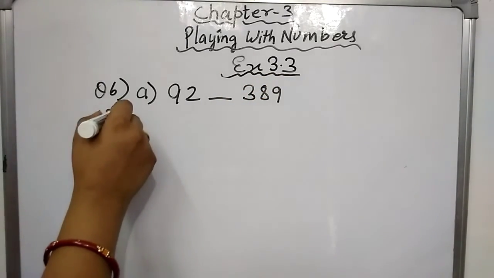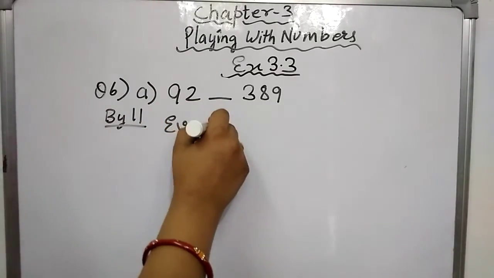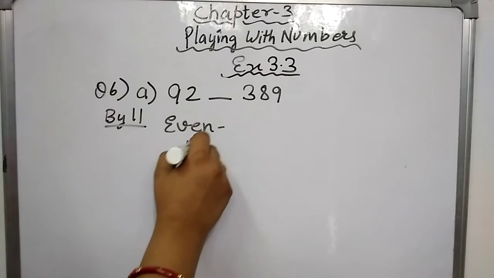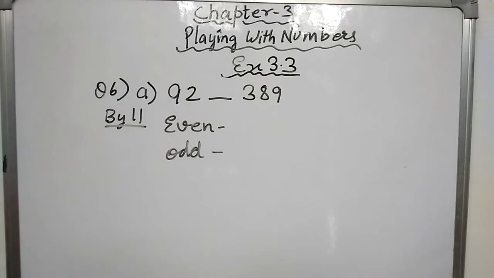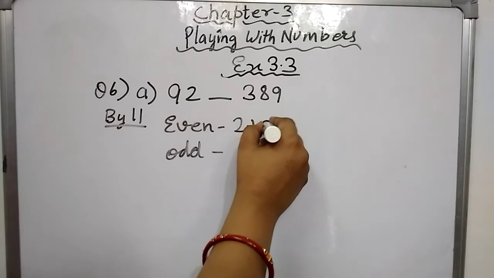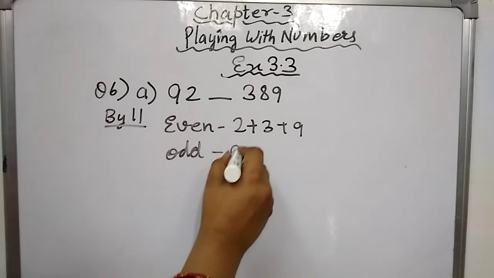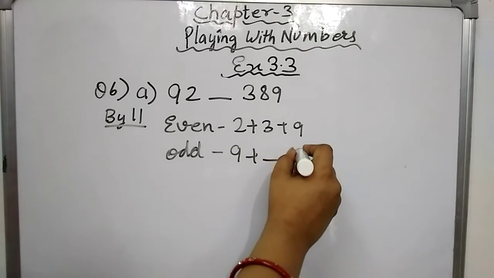For the divisibility of 11, you need to add digits at even places and digits at odd places. So digits at even places are 2, 3 and 9, and digits at odd places are 9 plus blank plus 8.